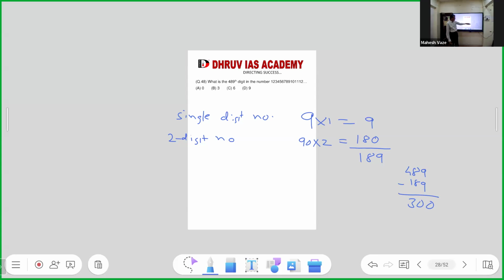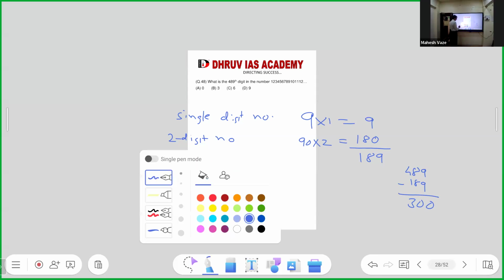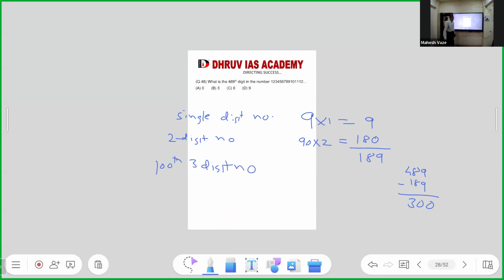Now the 300th digit, so 300 digits from the 3-digit numbers. The first 3-digit number is 100, the second is 101, third is 102. Likewise, we want 300 digits, so here we will be having only 100 3-digit numbers.